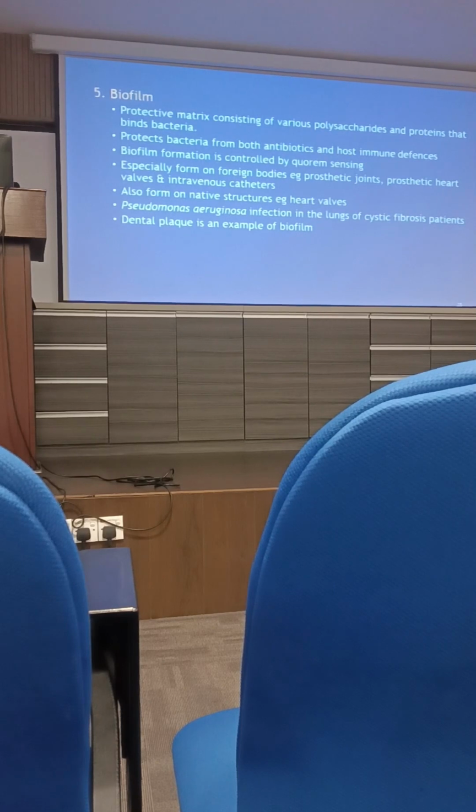Okay, so biofilm is especially a nuisance when it forms on foreign bodies, because you see it in pails, plastic pails, plastic water bottles. So they can also adhere to prosthetic joints, prosthetic heart valves and intravenous catheters and cause a new infection in a patient who's probably on a catheter for quite some time.